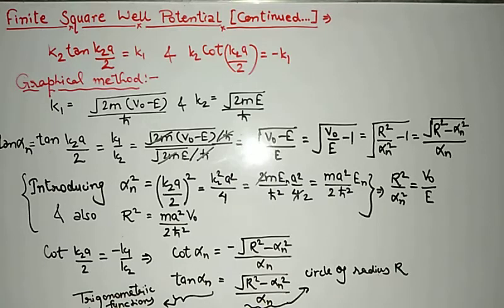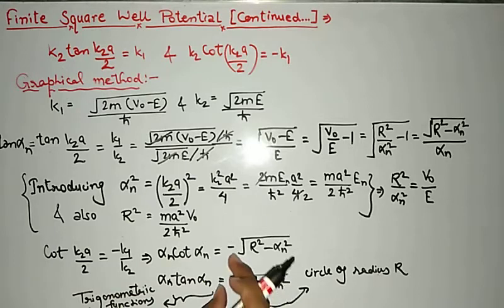This part, constant by n, it is alpha n. So we can shift alpha n to this side, that is this alpha n can be shifted here. So just remove it from here, writing alpha n by cross multiplication, and the same on this side also, alpha n.